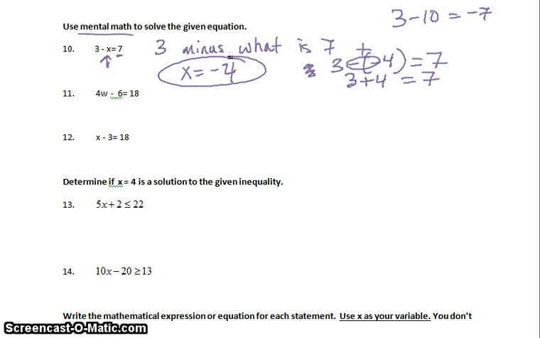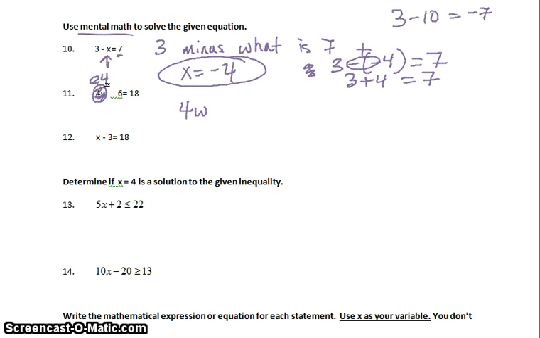Number 11 says 4w minus 6 equals 18. So 4 times what number minus 6 equals 18? Let's figure out what number I can put here first. What number minus 6 is 18? Let's ask ourselves that question first. And if you guess 24, you're correct.